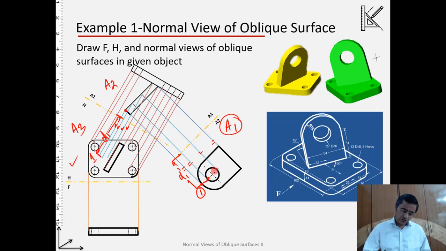Similarly, we can do it for the other points. So if you do it and draw it, first we will be able to make how this shape is on the back face, and how this back face is being projected onto the horizontal.